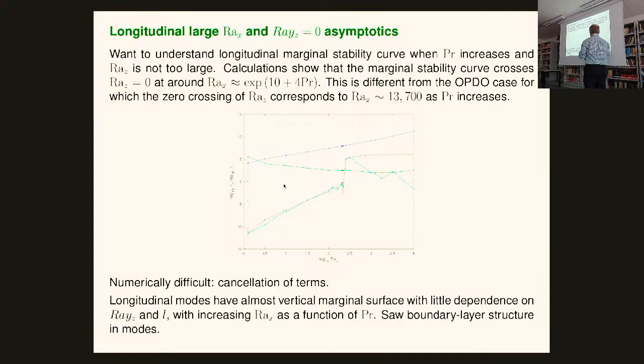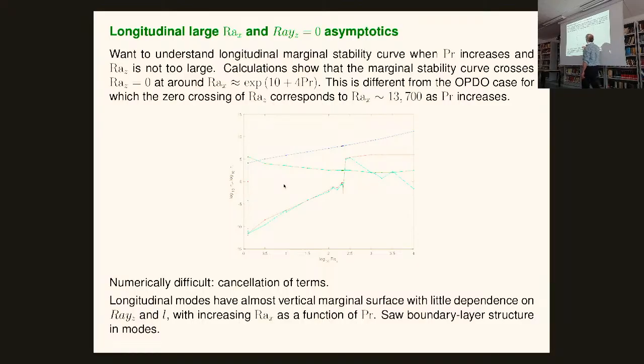What this is showing is as you increase the Prandtl number, you're seeing the resulting critical Rayleigh number and real and imaginary parts. So what you want is these to be 0, because you can convince yourself this must be a solution that has no frequency in it.